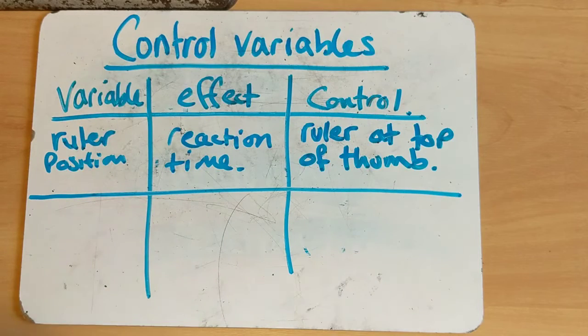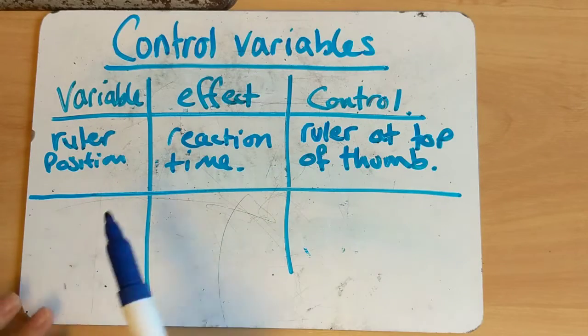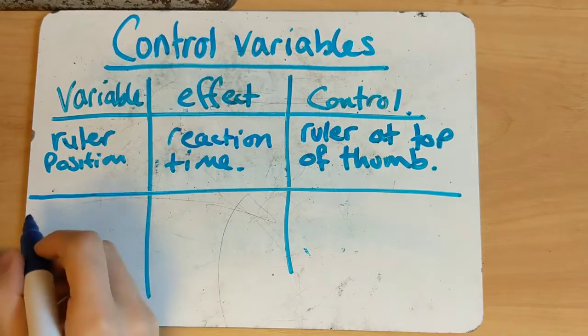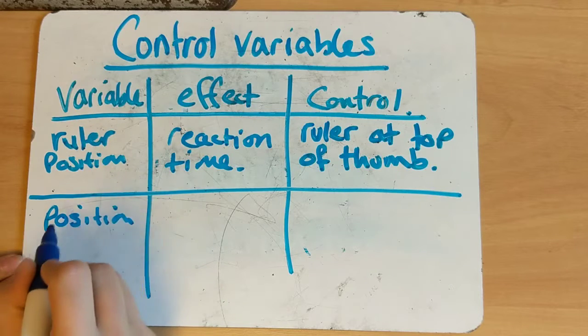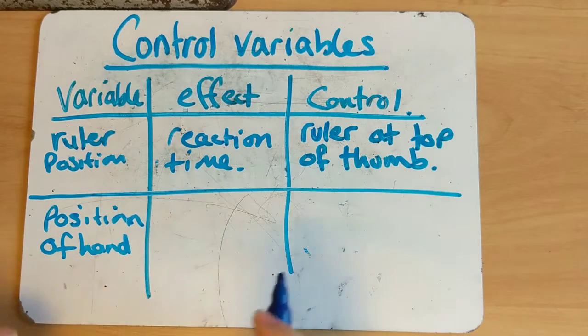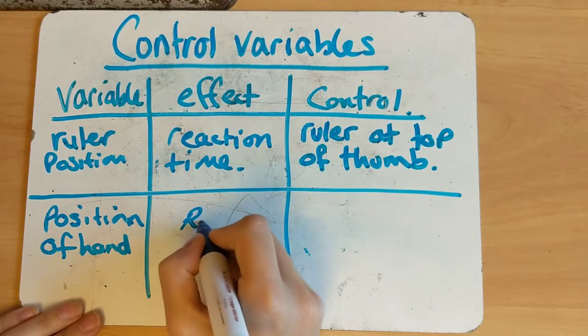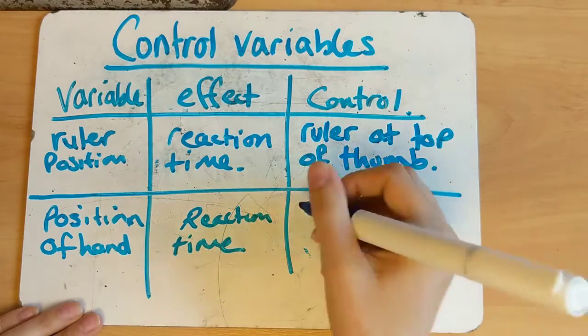If you did dominant hand and non-dominant hand, then that's the thing that you're changing, but there's not really anything that varies when you do that. Another control variable is position of hand. Effect, reaction time, and the control.